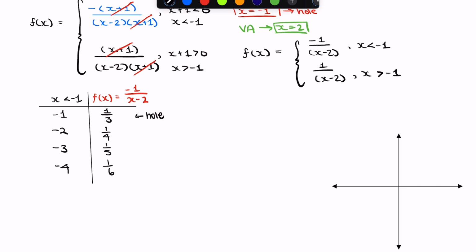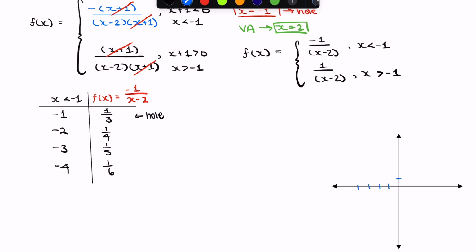And so we'll have these values of -1, -2, -3, and -4. And then we'll also have our y values of 1 over 3, 1 over 4, 1 over 5, and 1 over 6. So let's indicate that here in our graph. So -1, -2, -3, -4.